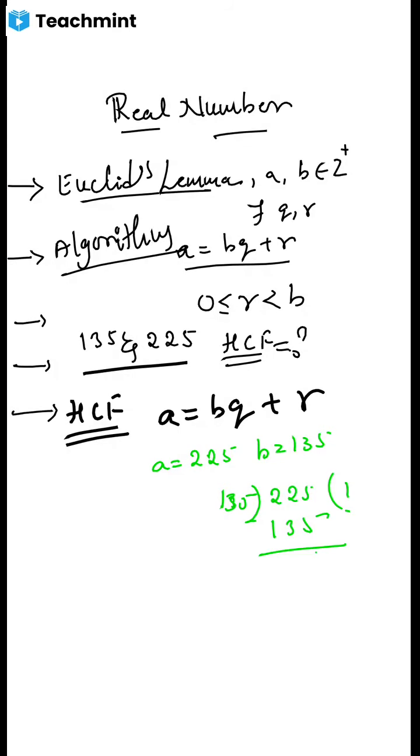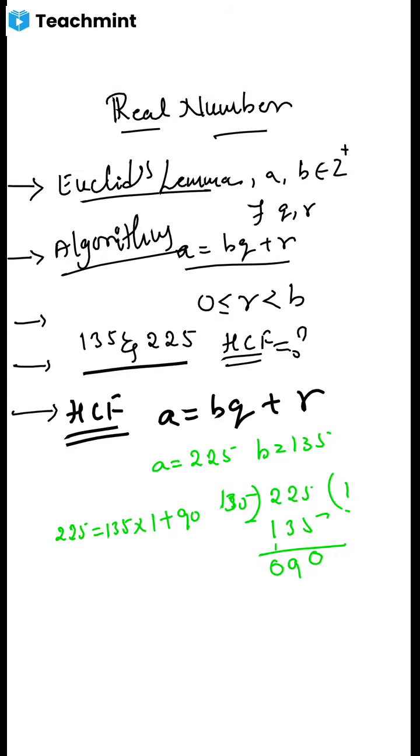So we can express this in Euclid's lemma: 225 = 135 × 1 + 90.